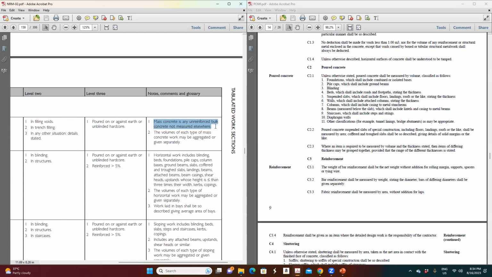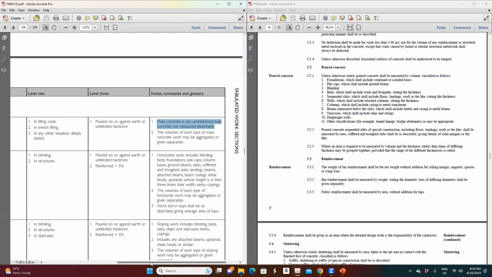They said unreinforced bulk concrete, which is not measured anywhere in the BOQ, you have to measure it under this section. The volume of each type of mass concrete work may be aggregated or given separately. Because mass concrete you use in different places, so you have to give it separately.